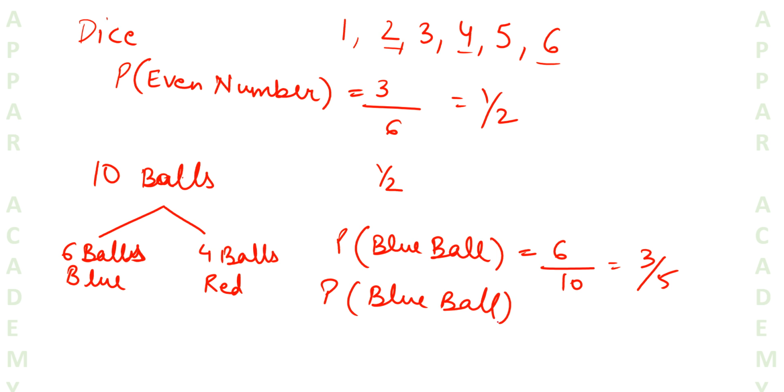It will remain unchanged. It will be 6 by 10 again, or 3 by 5. Why? Because whatever ball I picked up in my first trial, I am putting it back into the bucket. So the bucket contains the same number of blue balls and the same number of red balls as in the previous case. It has all 10 balls in my second trial as well.